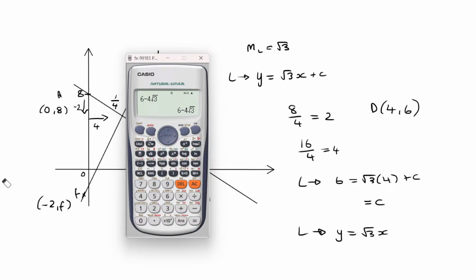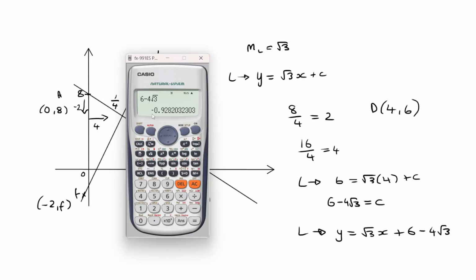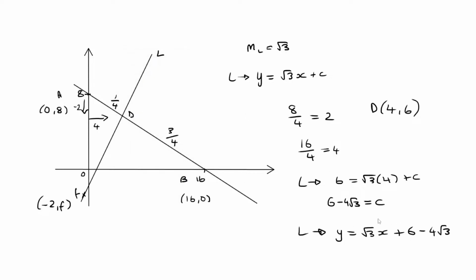So just 6 minus 4 root 3, which is a negative answer. It says plus 6 minus 4 root 3, but that is a negative number, negative 0.928 dot dot dot. So that's the equation of line L.